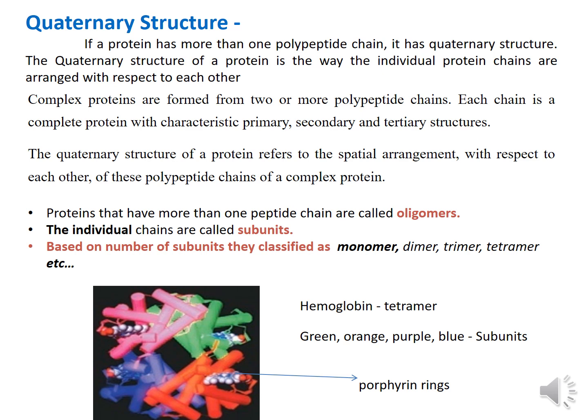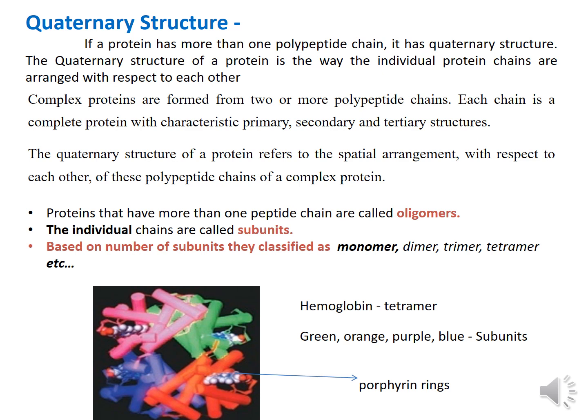Here it is best illustrated with hemoglobin. Remember, hemoglobin is a tetramer. Four subunits are linked here, labeled in different colors: green, orange, purple, and blue.